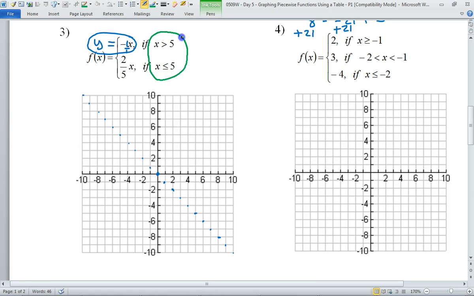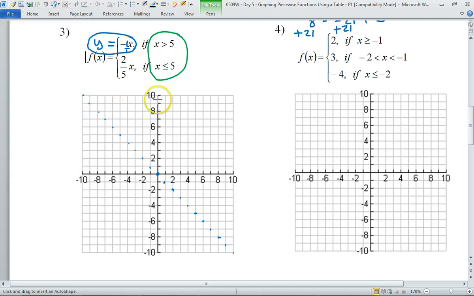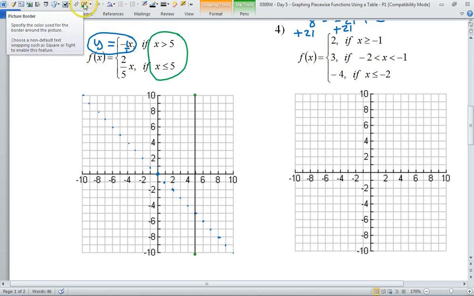These numbers on the end tell me what the cutoff x value is. Part of the graph is going to be greater than 5. Part of the graph is going to be less than or equal to 5. 5 is the cutoff. So look, temporarily, just for a moment, I'm going to put a vertical line at 5 to help me see. Okay, so here's a vertical line at 5. Okay, this vertical line is going to be my cutoff.